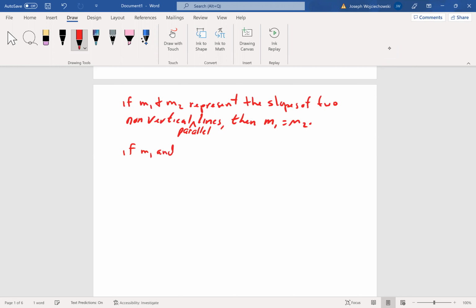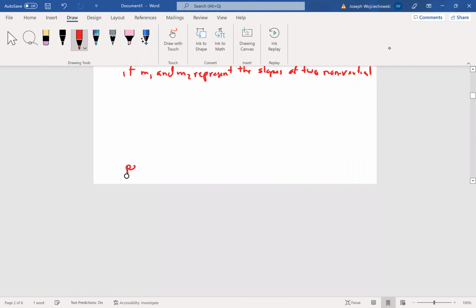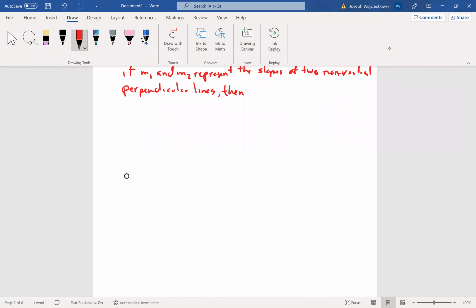If m1 and m2 represent the slopes of two non-vertical perpendicular lines, then m1 equals -1 over m2, or m1 times m2 equals -1, or m2 equals -1 over m1.